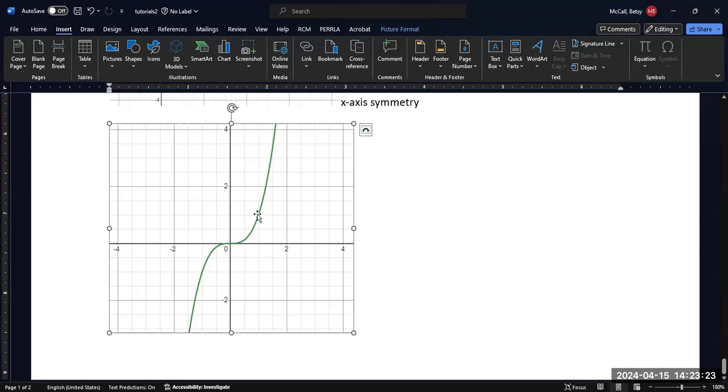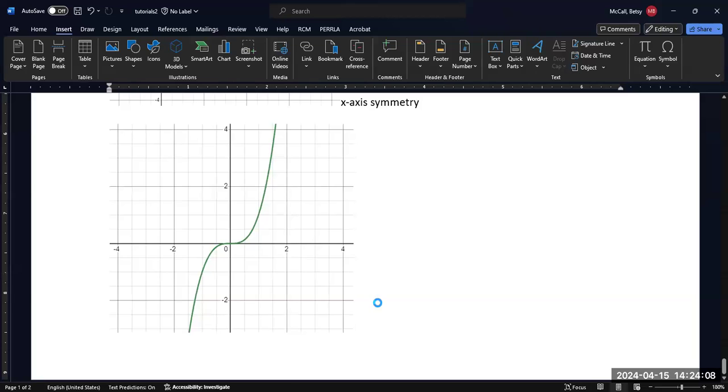So for instance, I have the point 1, 1 here, and then over here I have the point -1, -1. So that would be an example of origin symmetry. Another example of origin symmetry would actually be to have both x and y symmetry at the same time.